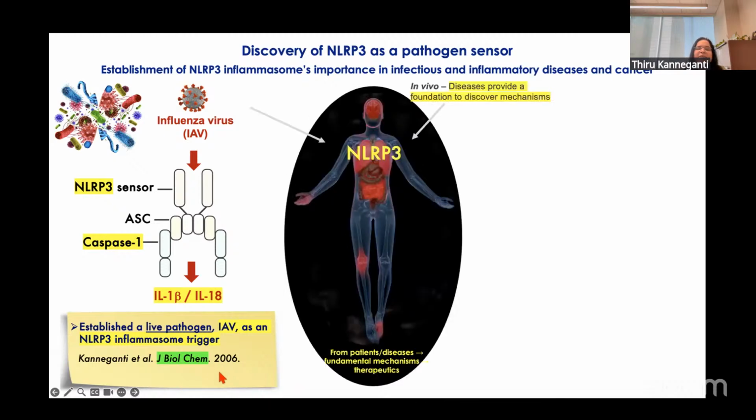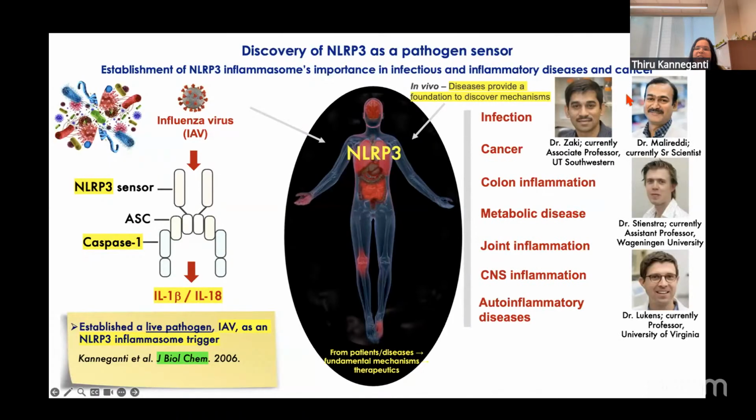Then we started asking about the role of NLRP3 in other diseases, because patients develop autoinflammatory diseases. So we started establishing in vivo disease models. Jackie and Thirumala were interested in the role of NLRP3 in infectious diseases like Candida or Aspergillus, or in cancer models, especially colon inflammation.